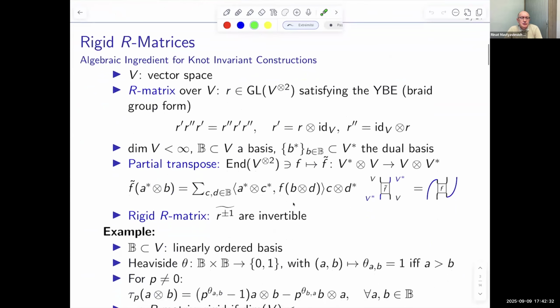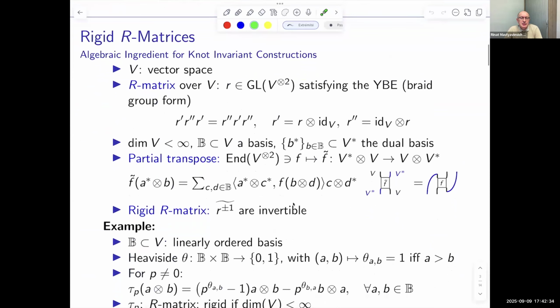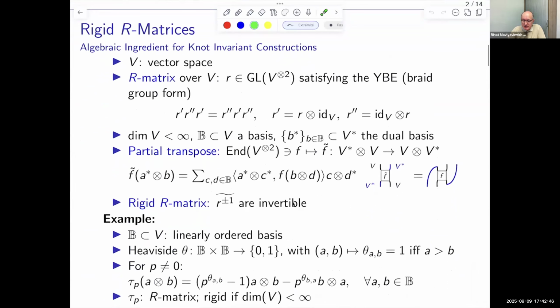So let us start with rigid R-matrices, which are an algebraic ingredient for knot invariant constructions. Let V be a vector space. An R-matrix over V is an invertible matrix in the tensor square of V which satisfies the Yang-Baxter equation, and I write it in the braid group form.